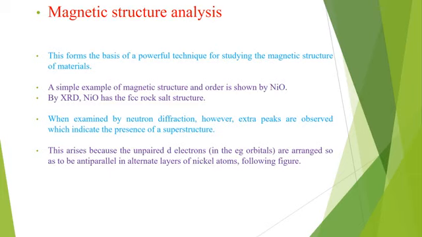This arises because the unpaired d electrons in the eg orbital are arranged so as to be anti-parallel in alternate layers of nickel atoms. The following figures will show all about this information. Neutrons detect this ordering of spin, whereas X-rays do not.